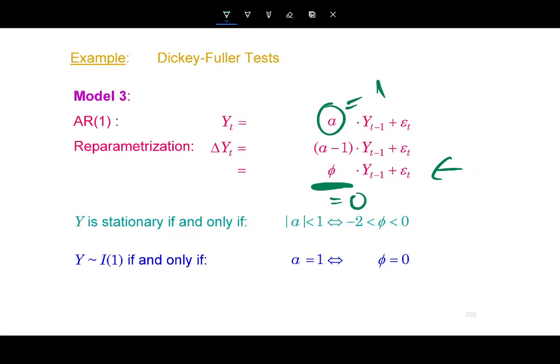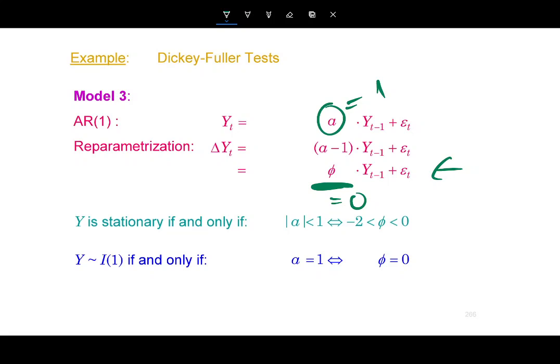So it's actually more practical to test the significance of phi than to test whether A is equal to 1 or not. Because it could also be equal to -1, and then you would also not have stationarity, whatever. Do you guys get that? Okay, so that's how it is.